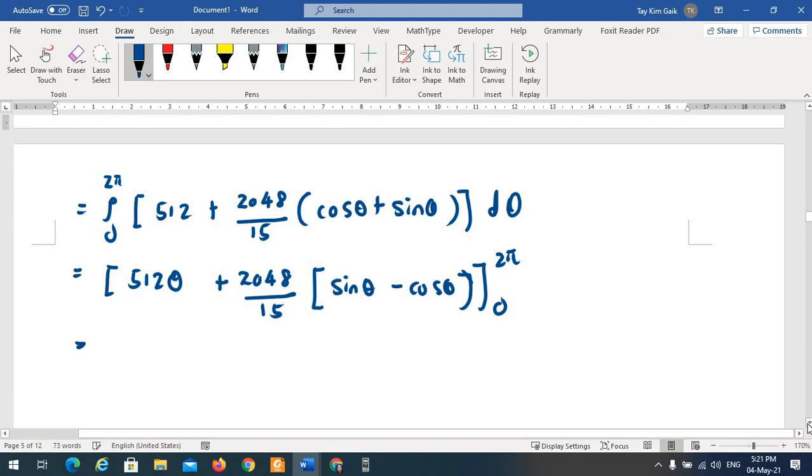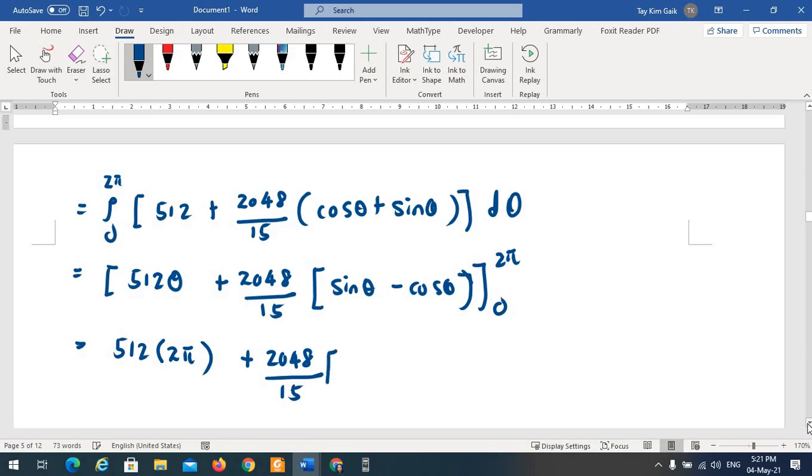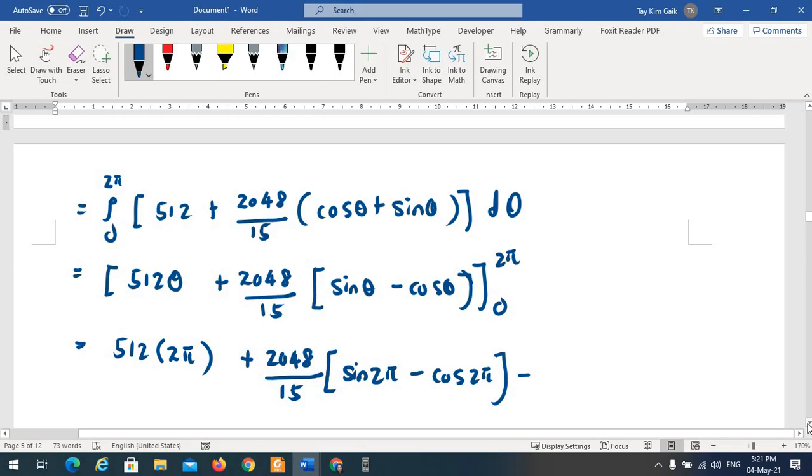We have 512 times 2 pi plus 2048 by 15 times sin 2 pi minus cos 2 pi. Okay, and then when you plug in 0, 512 times 0 is 0.